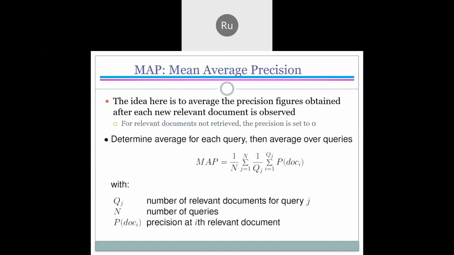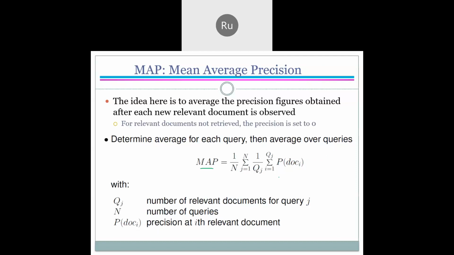Okay, now we look into how we determine the average of each query. One measure is the mean average precision. This is similar to what we call the area under the curve.